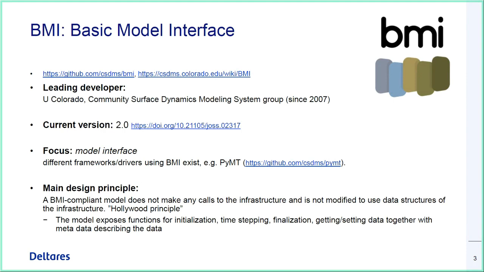It's about standardizing the interface for the model. Then you can link it up using your own framework or an example framework developed by either the University of Colorado or other groups. So PMT, the second generation model coupler from the University of Colorado, is Python based.